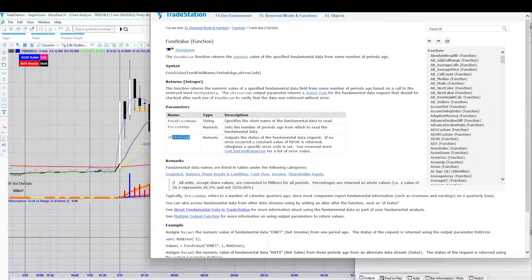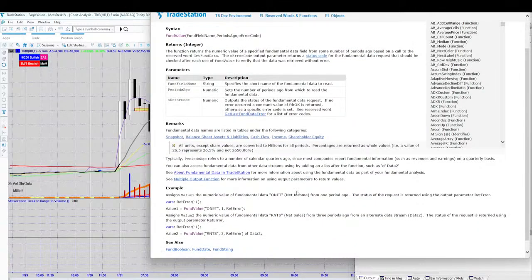And then for error code, I don't know as much about it. It outputs the status of the fundamental data request; if no error occurred, a constant value is returned, otherwise a specific error code is set. See reserved word. For here it's got to be a variable or an array or something else for that output error code.